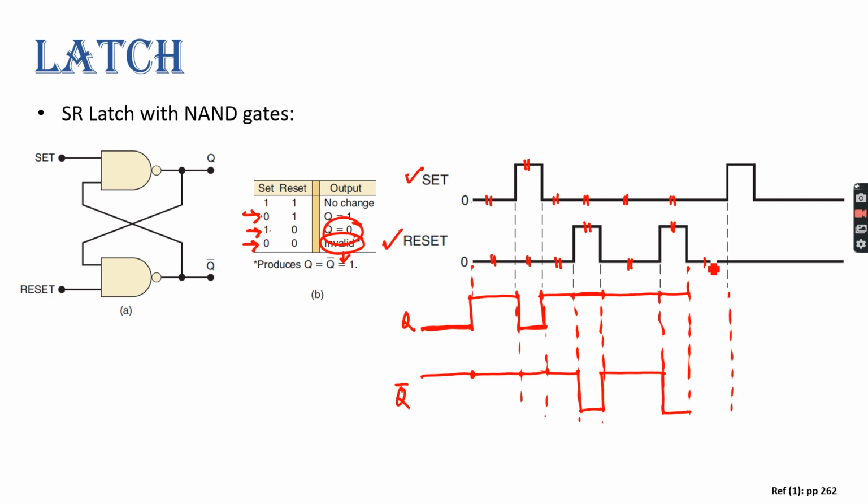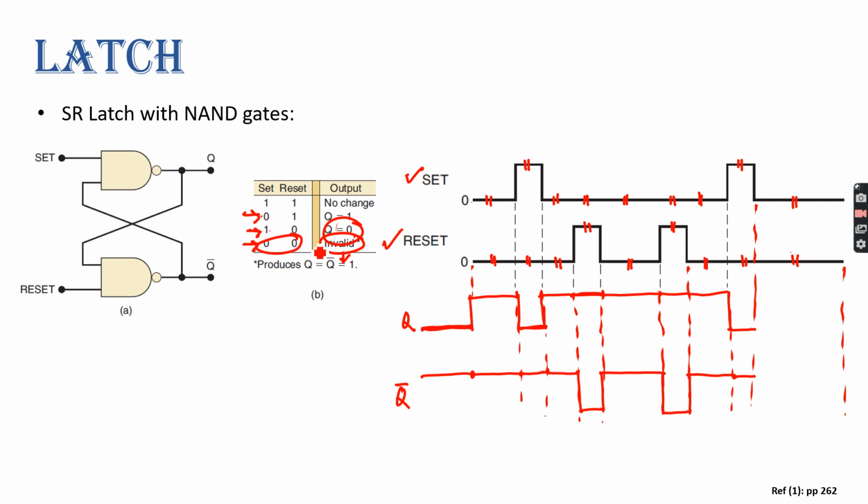Again up to this point, this is 0 and this is 0. So it will be the invalid condition, so both will be 1 at the 1 state. Now up to this point, it will be 1 and it will be 0. So 1 0 gives you 0. So Q will be 0 and Q bar will be 1, and up to this part both are 0.